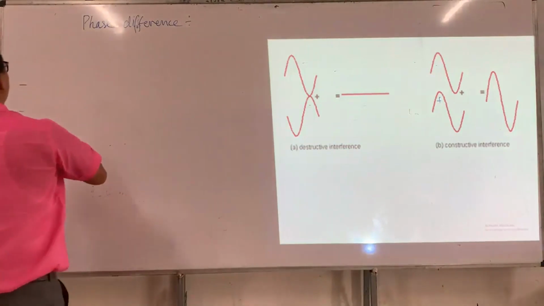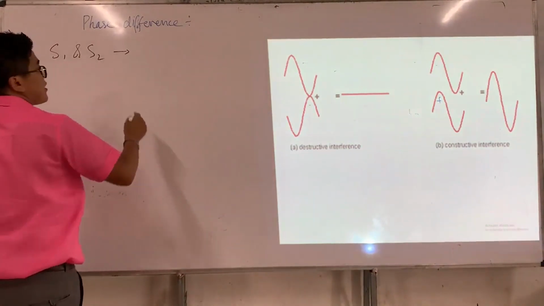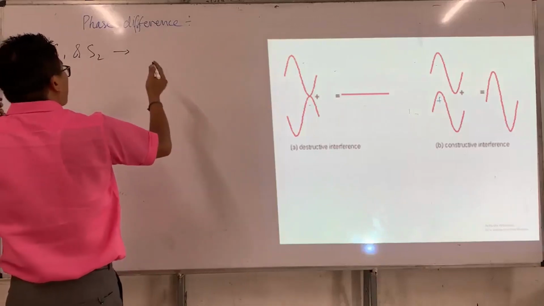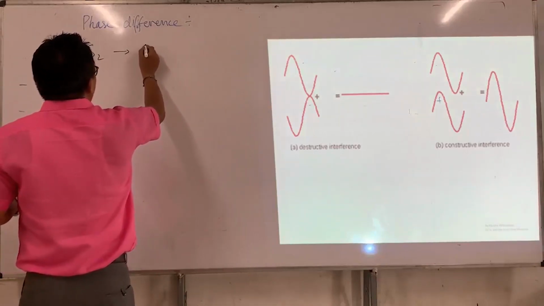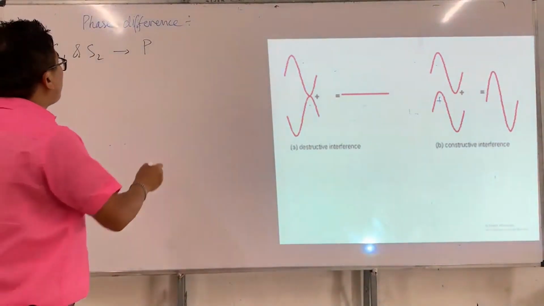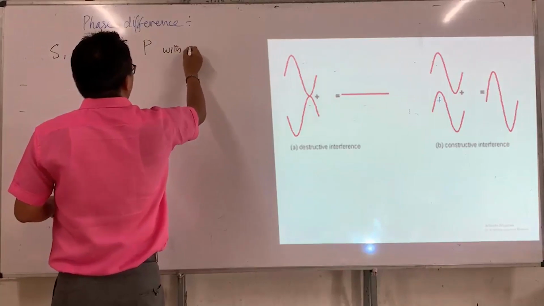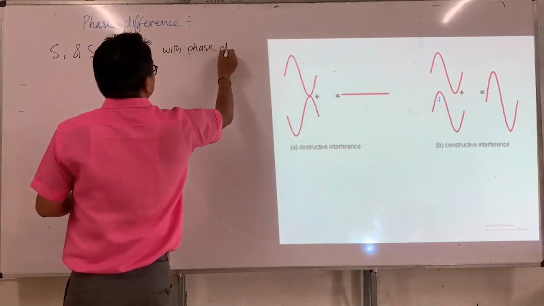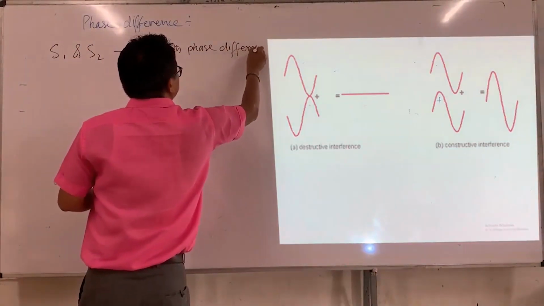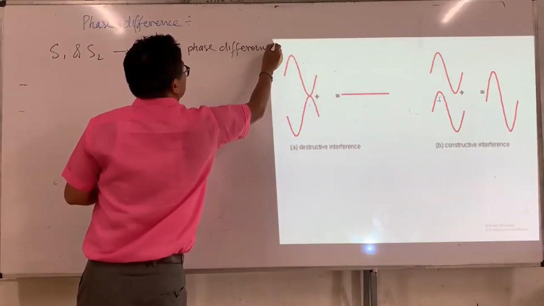So I see light from S1 and S2 combined at, let's say, point P with the phase difference phi.